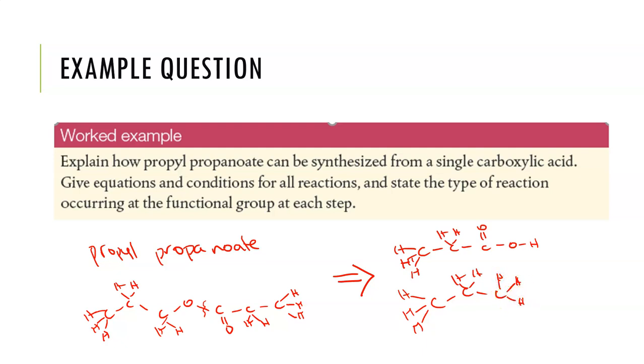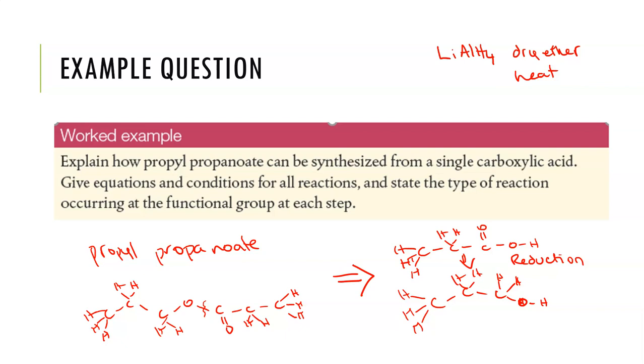So we need to suggest a way that we can get from the acid to propanol. That will be in the reactions that we've just looked at, which would be a reduction, because I want to go from a carboxylic acid to the alcohol. And if you remember, our reduction is going to be lithium aluminium hydride in dry ether, and heat will be the reduction process for that.